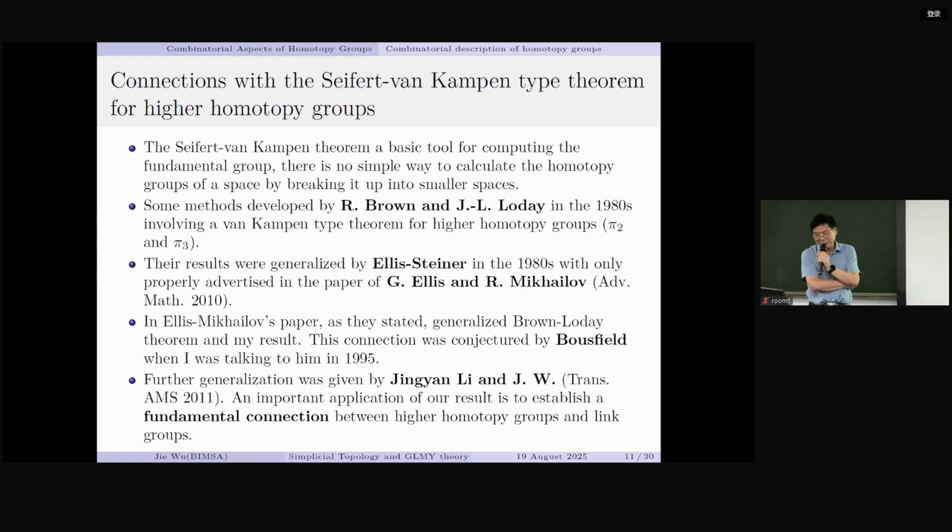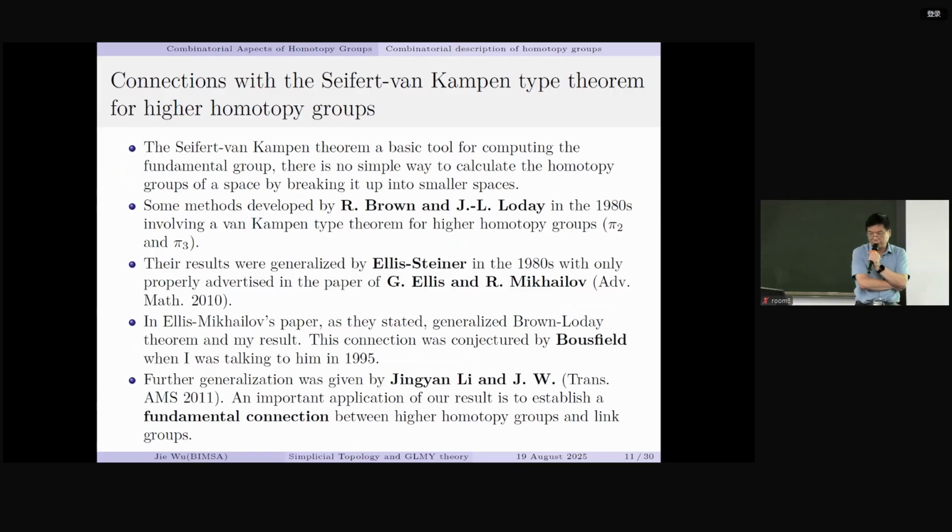Well, in the 1980s, Brown and Loday gave Van Kampen type theorems for pi 2 and pi 3. Later, Ellis and Steiner generalized it for general pi m. There were some mistakes, and until 2010, it was finished by Ellis and Mikhailov, who gave a proper proof of that.